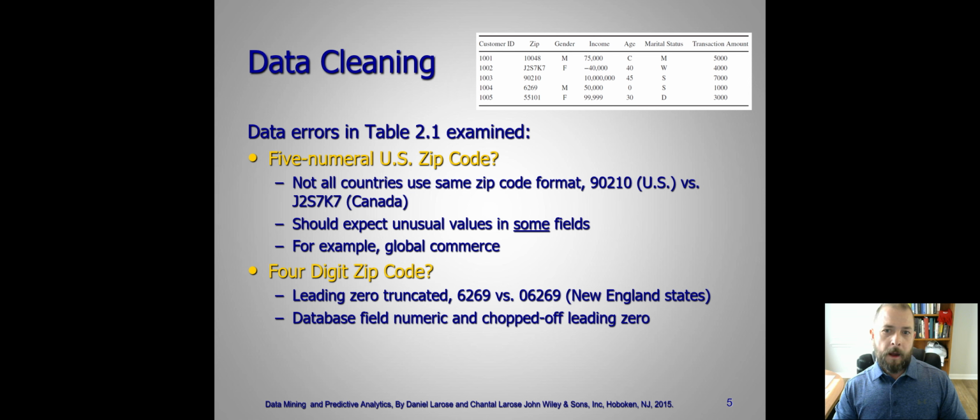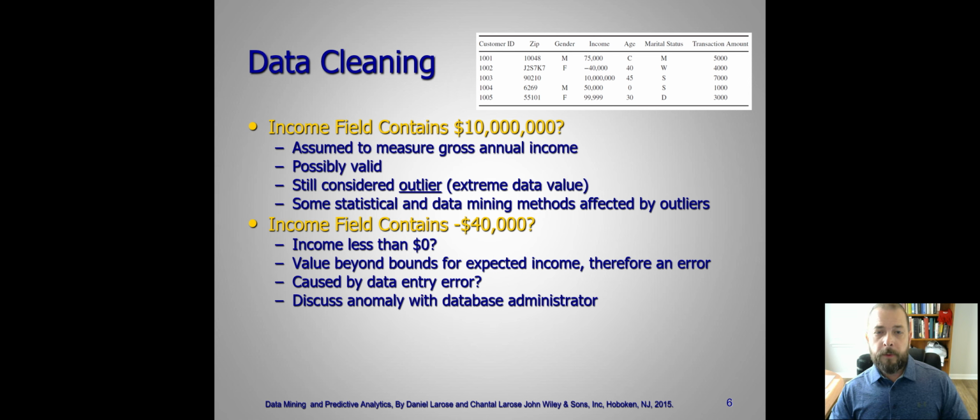If we look at other fields like income, we see an income value of 10 million. Is that assumed to be a gross annual income, considering that all the other values are kind of similar in size? We also have a negative value. Is that an extreme value? Why would somebody have a negative income?